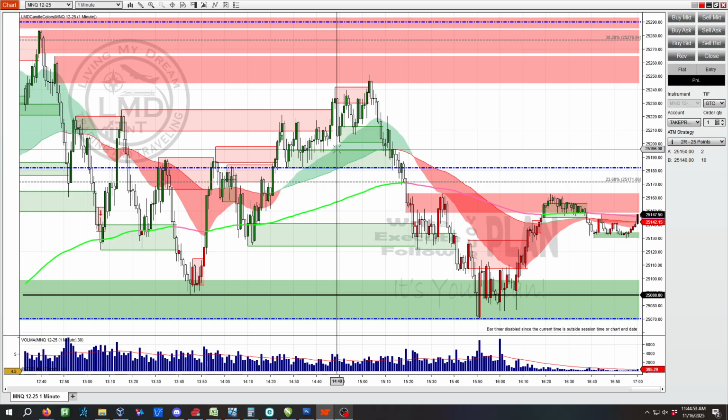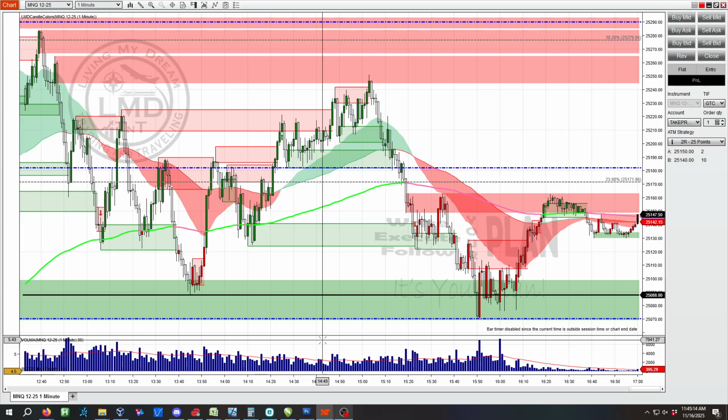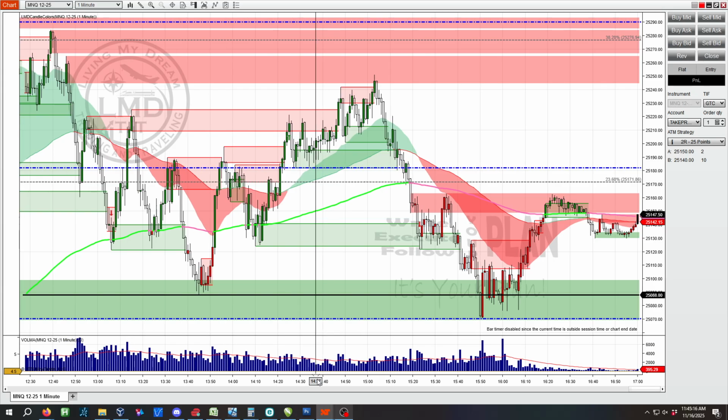Some people like EMAs, exponential moving averages. Me personally, I prefer the EMA because when I started trading and I started doing my coding, that's what I found to like better as far as the smoothness of the indicators. So that's where we are at with that.